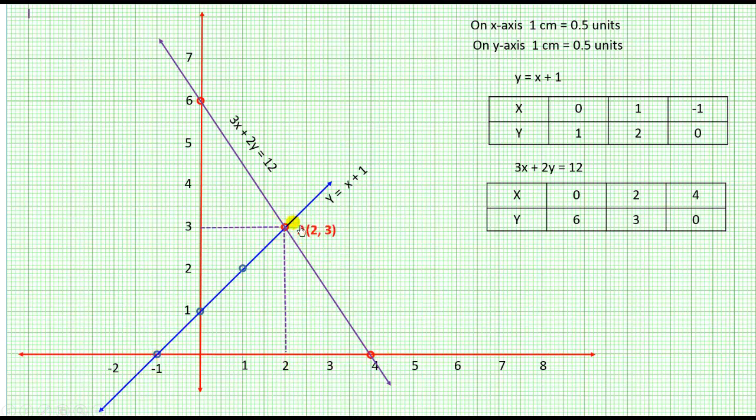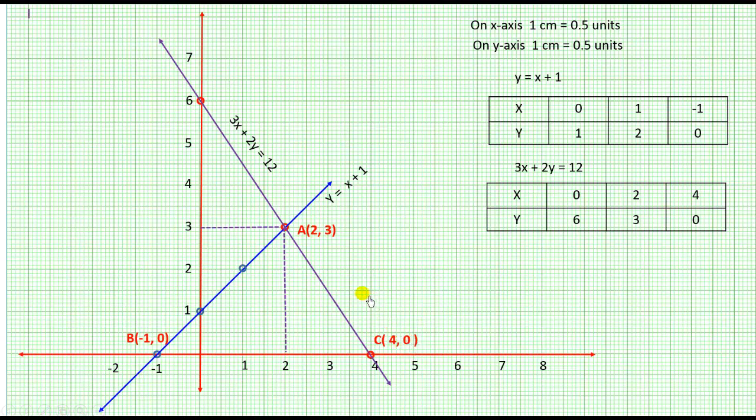So this is A point, this is B point, and this is C point, and the coordinate of A point is 2, 3, coordinate of B point is -1, 0, and coordinate of C point is 4, 0. So the required coordinates of the 3 vertices are A 2, 3, B -1, 0, and C 4, 0.